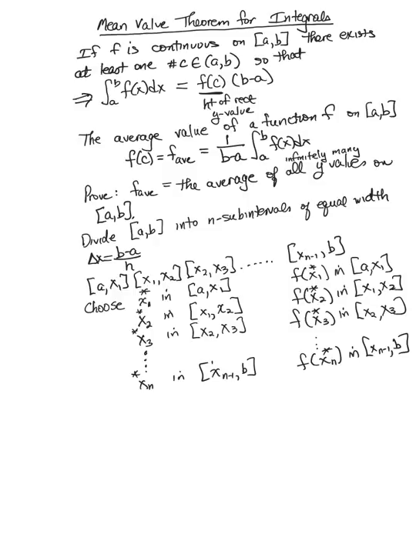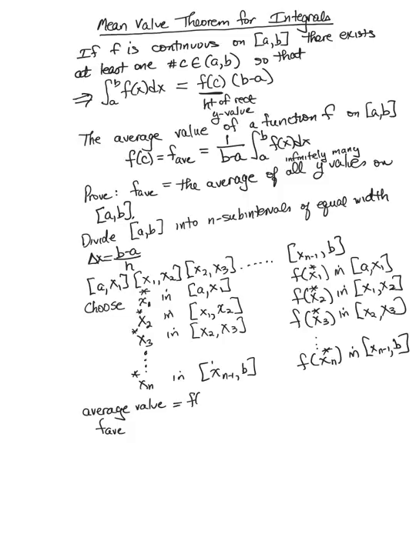And what we will do is find the average value. We're going to show that the average value, f av, is the average of these n y values. And to find the average of n y values, we simply add them all up and divide by n.